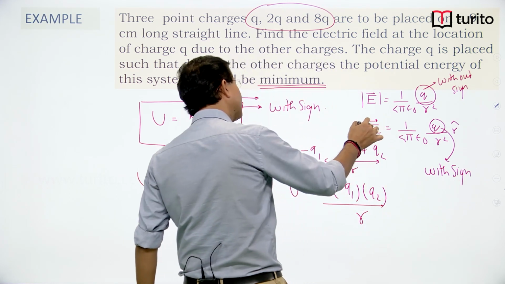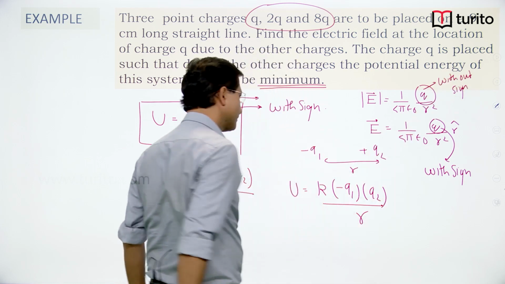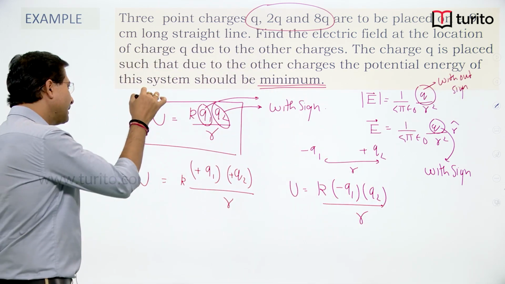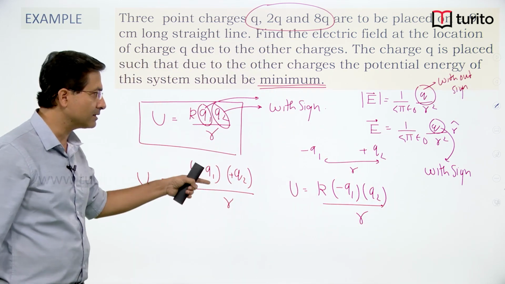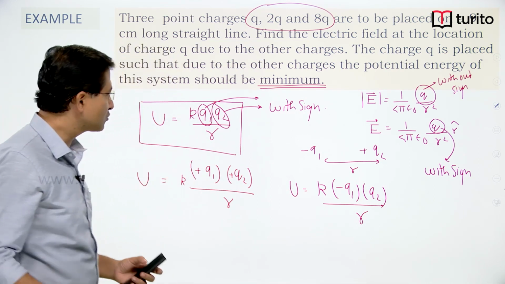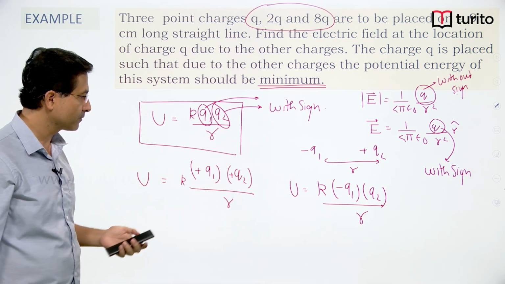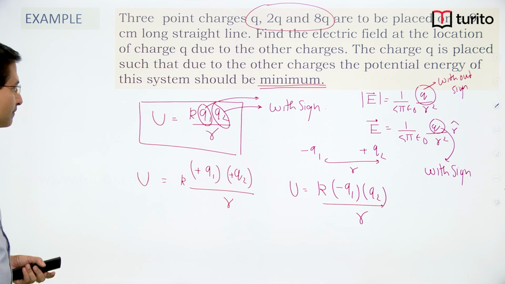When you are writing a vector in magnitude form, the charge will be without sign. When you are writing a scalar, the charge is always with sign. Keep that point in mind, because most students make mistakes while writing the potential energy expression. I hope this point is clear.